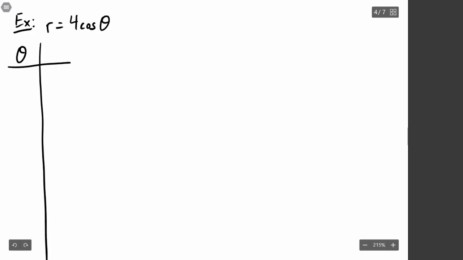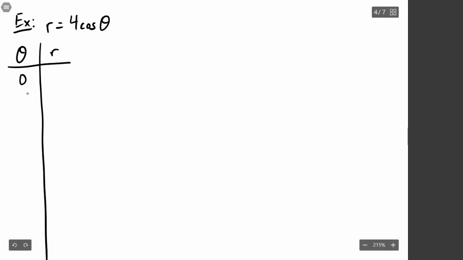All right, let's look at r equals 4 cosine theta. So in looking at this one, let's make a chart of values here. I'm going to go vertical this time.